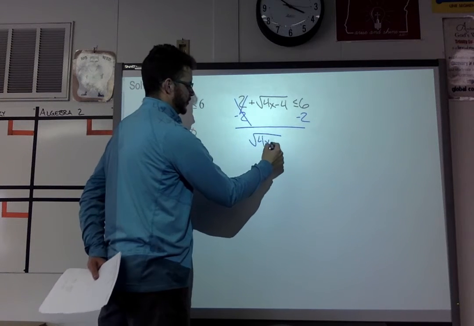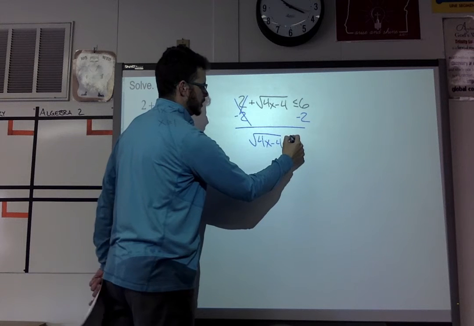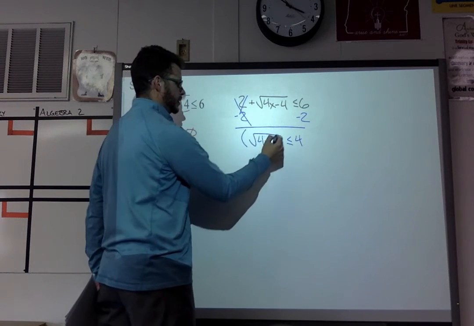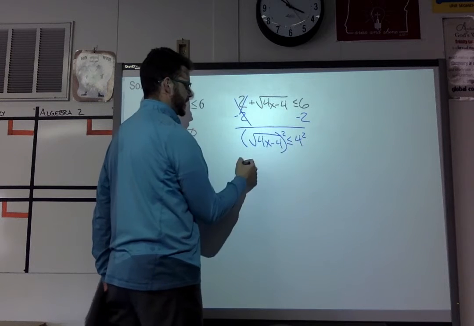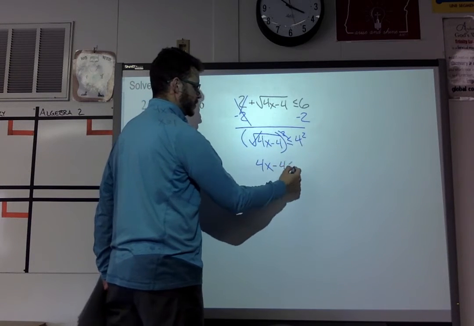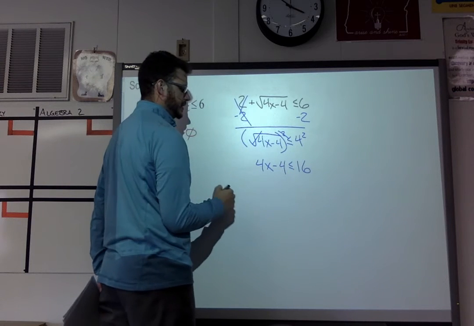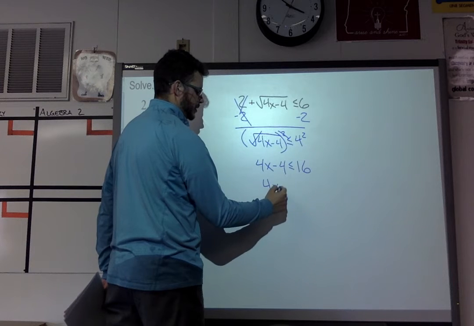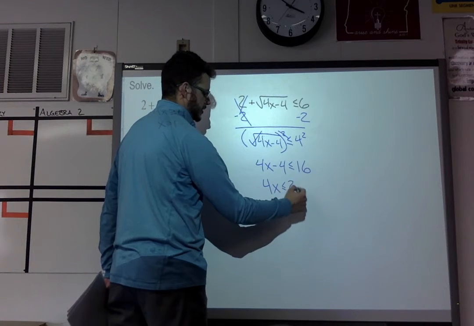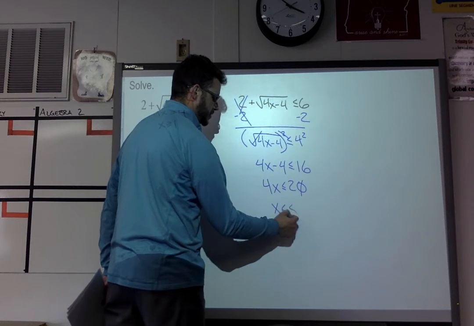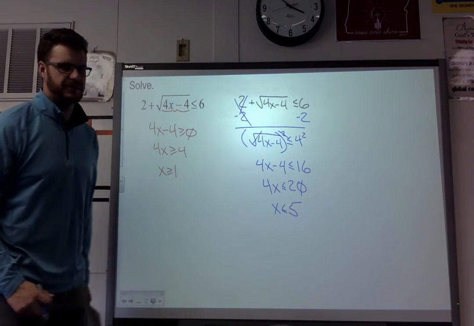Square root of 4x minus 4 is less than or equal to 4. Square both sides. 4x minus 4 is less than or equal to 16. Then I solve for x. So add 4. 4x is less than or equal to 20. Divide by 4. So x is less than or equal to 5.